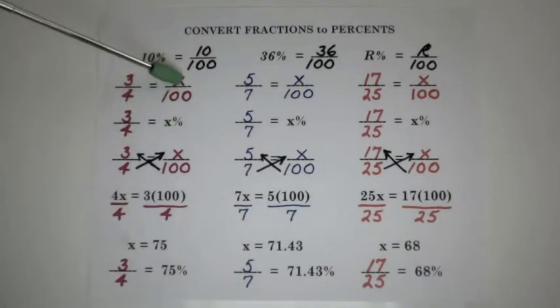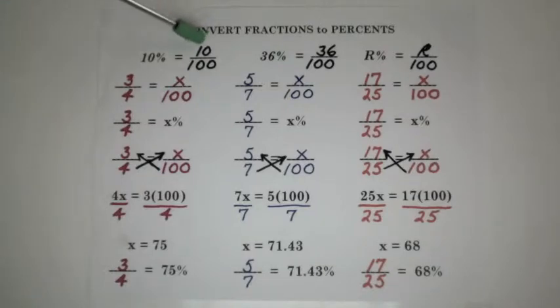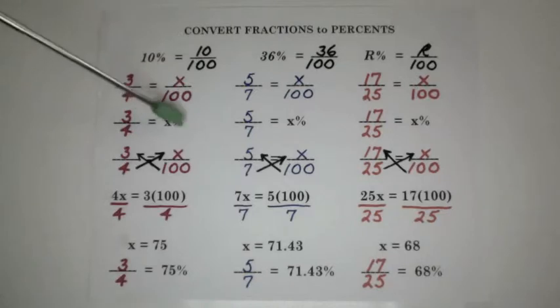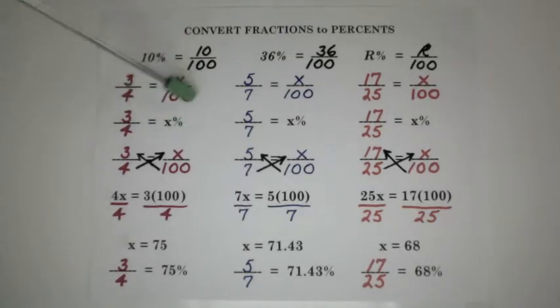So once I find out what x is, then I know how much this fraction is in percentage. Just like this, 10 over 100 means 10%. X over 100 means x percent. So I need to convert this into an equivalent fraction with 100 in the denominator.